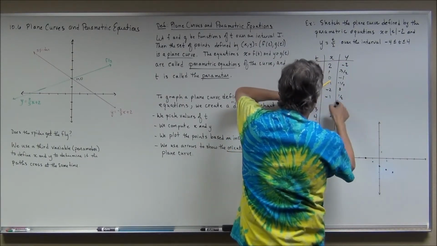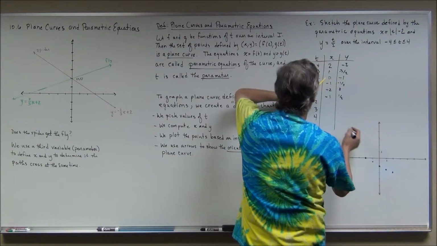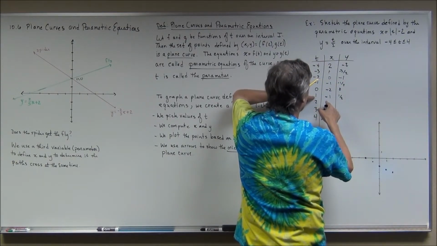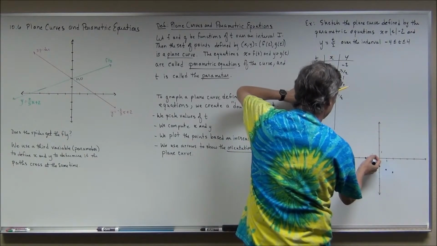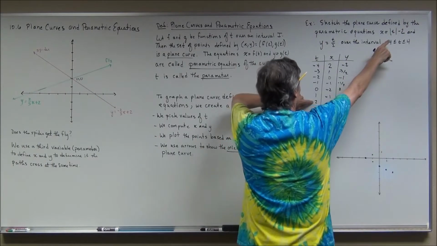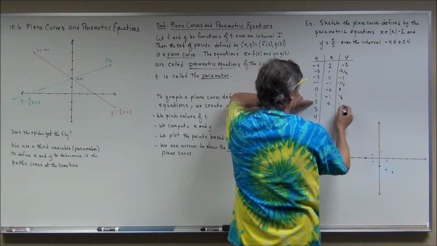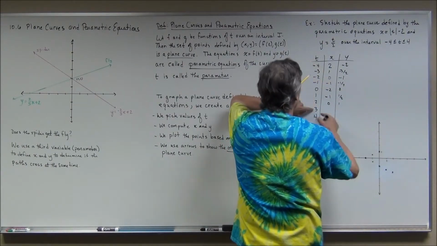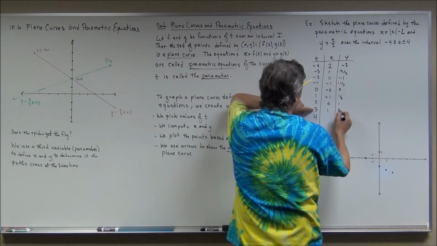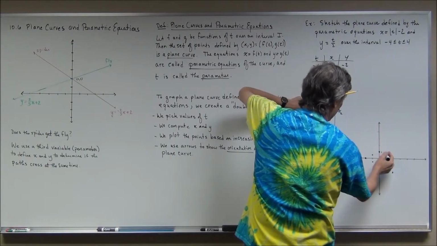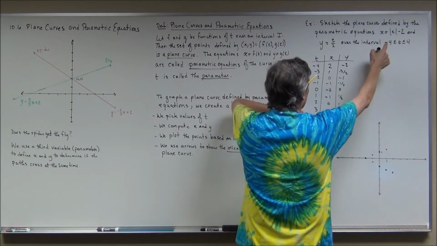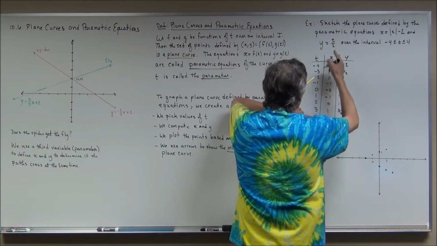So I have negative 1, 1/2, I'm sorry. Haven't done one of these in a while. Plug in the 2, I get 0 and 1. Plug in the 3, I get 1 and 3/2. And then plug in the 4, and I get 2, 2.